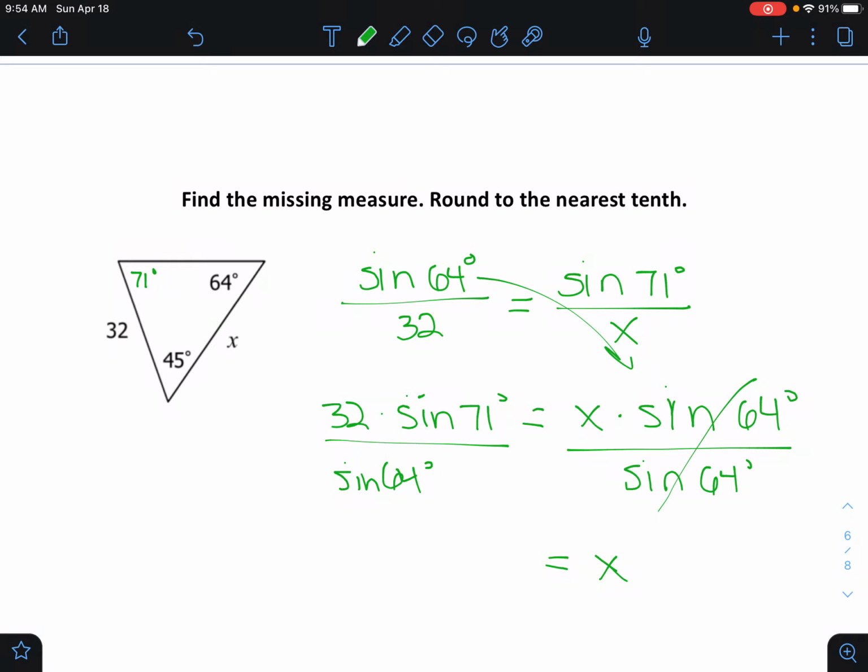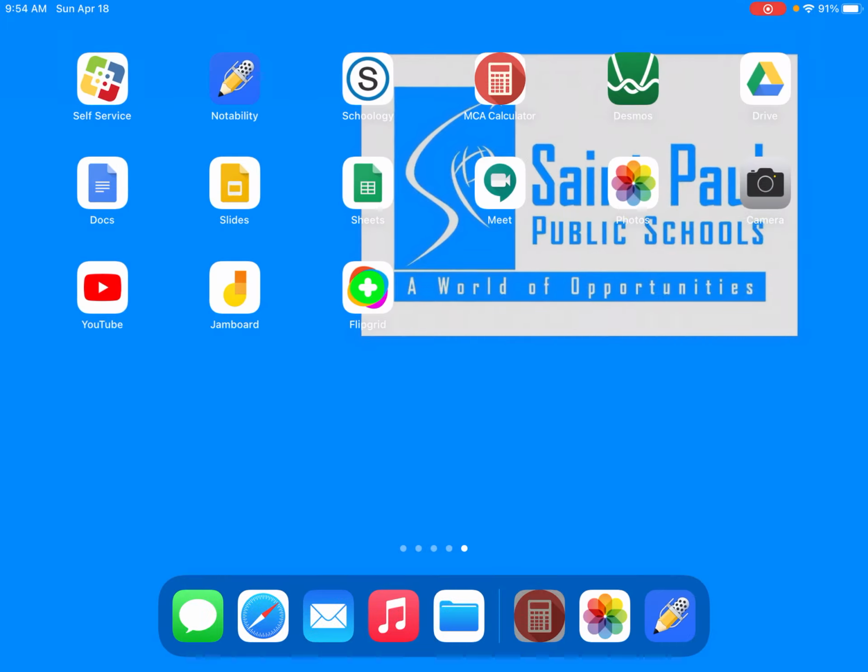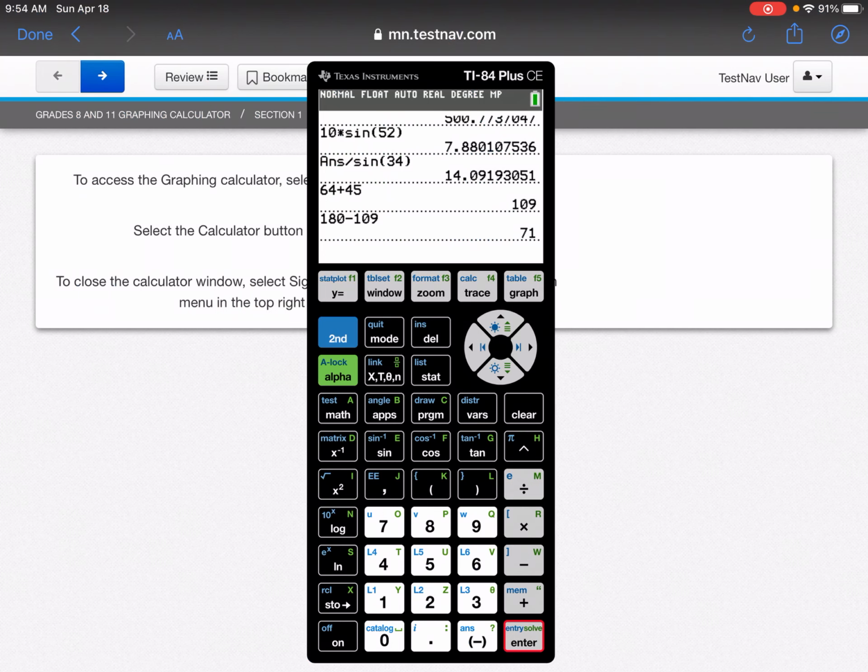And here we go. Okay, so I have 32 times sine of 71. Make sure you press enter here. Leave that whole answer in there. Just press divided by, and then sine of 64.